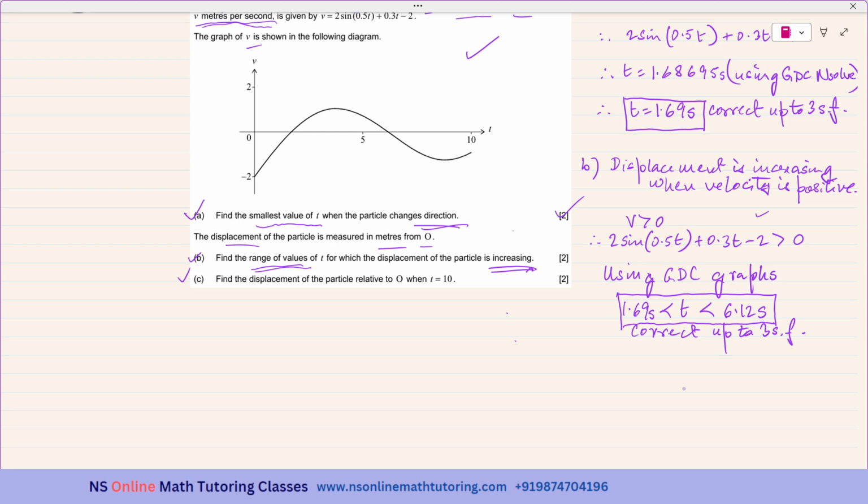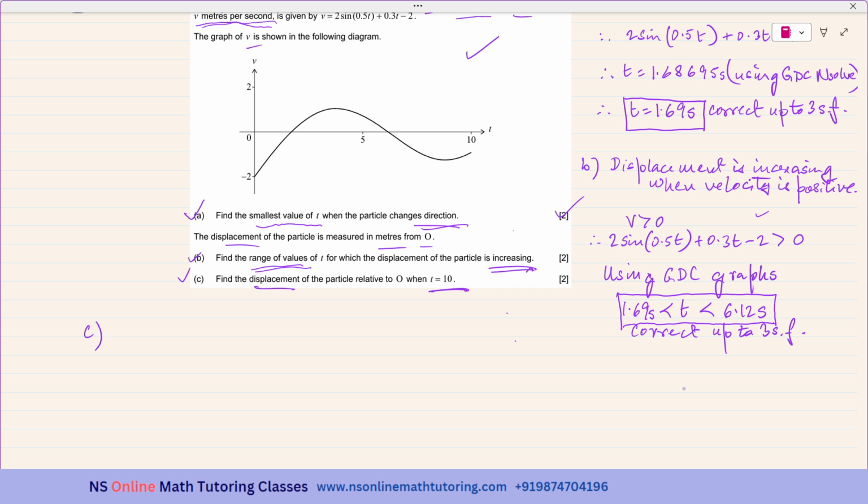So part C, find the displacement of the particle relative to O when t equal to 10. t is between 0 to 10, and we are given the expression for velocity and this is displacement. So we have to integrate.